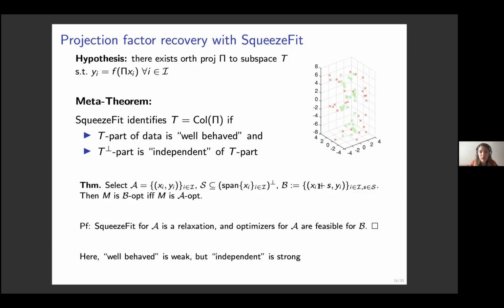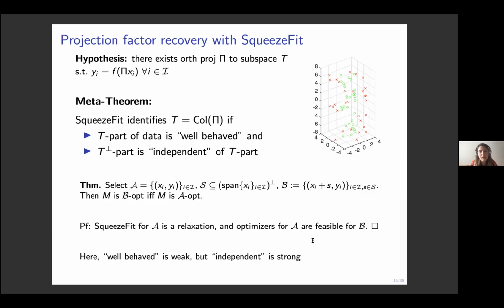So you consider B, where every point in A gets added every point in S, with the same labels. If you do that, then M is a solution of SqueezeFit for A if and only if it's a solution of SqueezeFit for B.